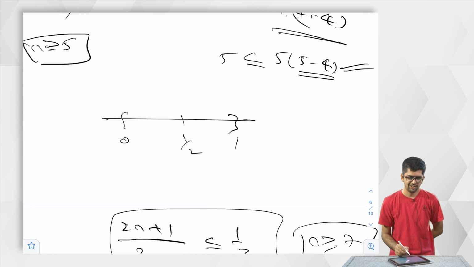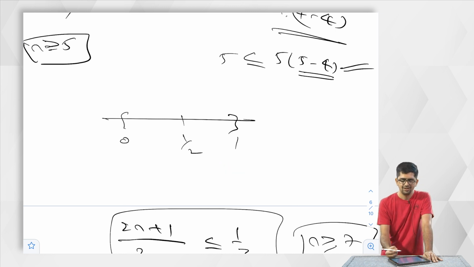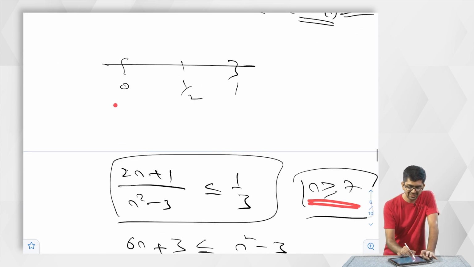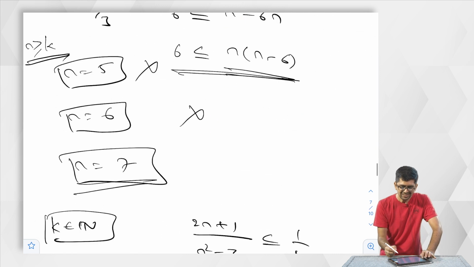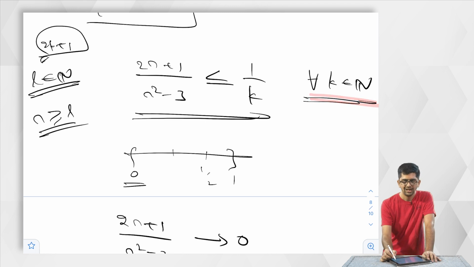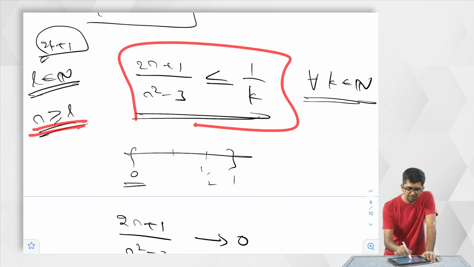Now, looking for the bound 1 was easy, except the first 4 elements, everything was in between these. We were just trying to see whether we can reduce the bound by some amount, and this was also easy, except the first 7 elements, everything is bounded between 0 and half. That's for 1 by 3, whatever. So we have seen that for every k belongs to n, I can always find some L such that after L this is the bound.